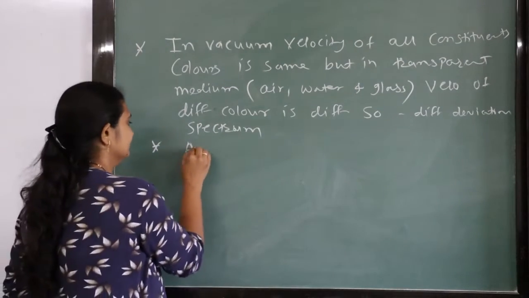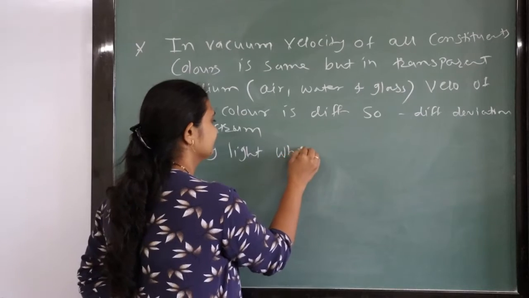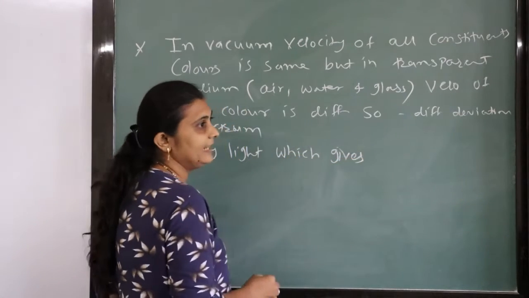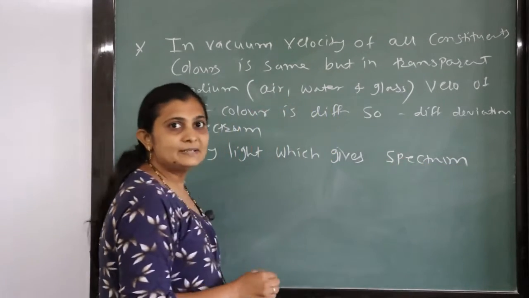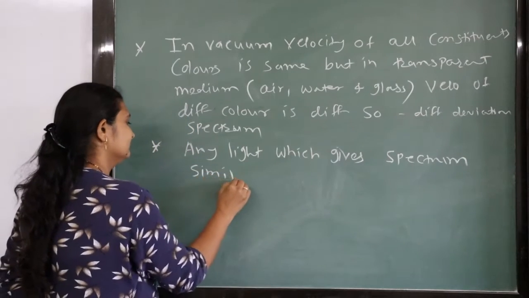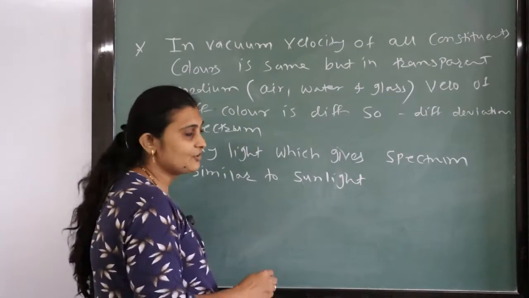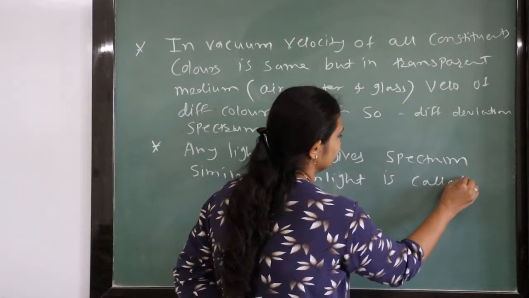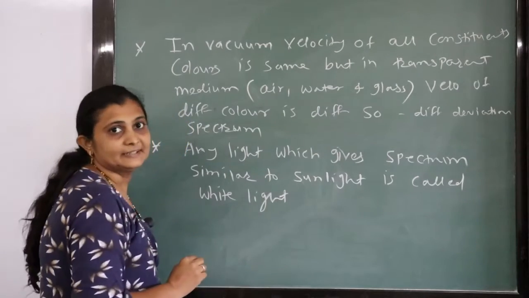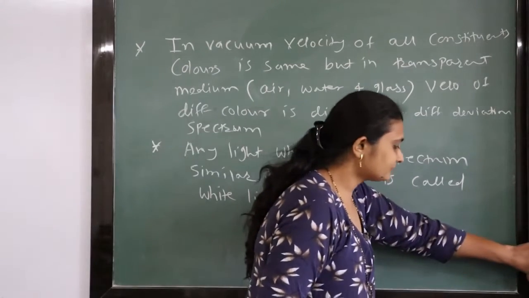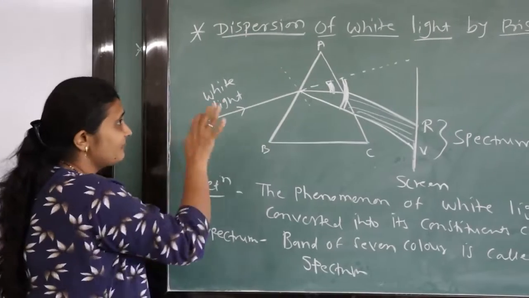Any light which gives spectrum similar to sunlight is called white light. Understood?